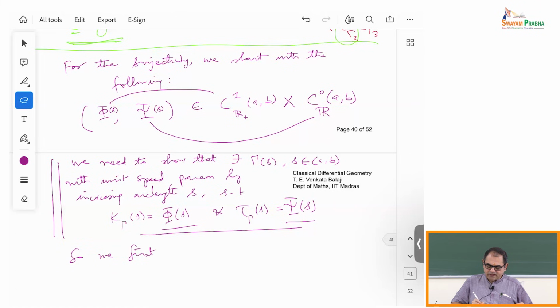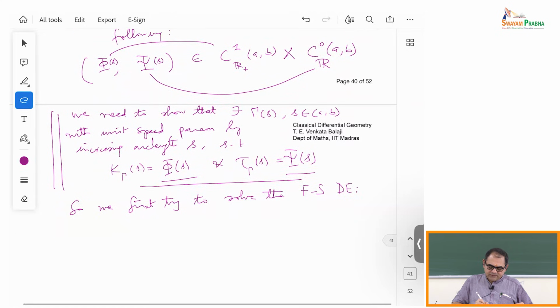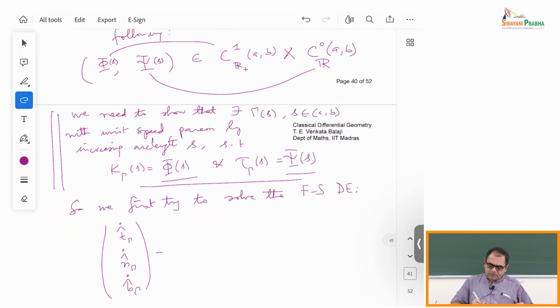So we first try to solve the Frenet-Serret differential equation. And what is that? You see T, N, and B with the dot is equal to, here at this point I am supposed to put the curvature of gamma of s.